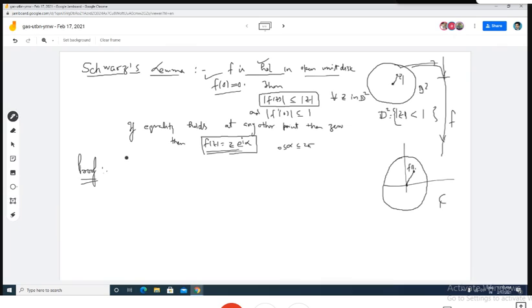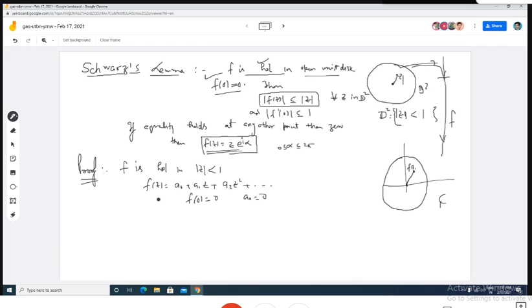So since f is holomorphic in this open unit disk, you can expand it by Taylor series expansion, and you can write this f(z) as a0 plus a1 z plus a2 z squared, in increasing powers of z. But you know this f(0) is equal to 0, it is given, so therefore a0 must be 0. So for z not equal to 0, you can divide this equation by z.